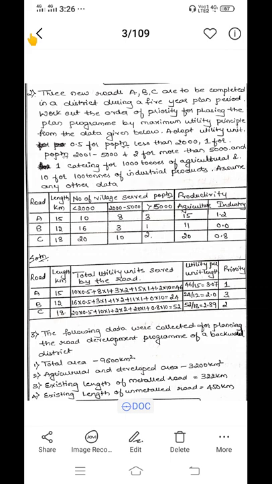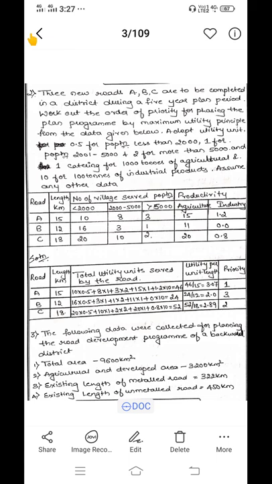Again, agricultural productivity is 15 into 1, and industrial it is 1.2 into 10. So that is in terms of 15 number of villages whose agricultural productivity is above 1000 tons.